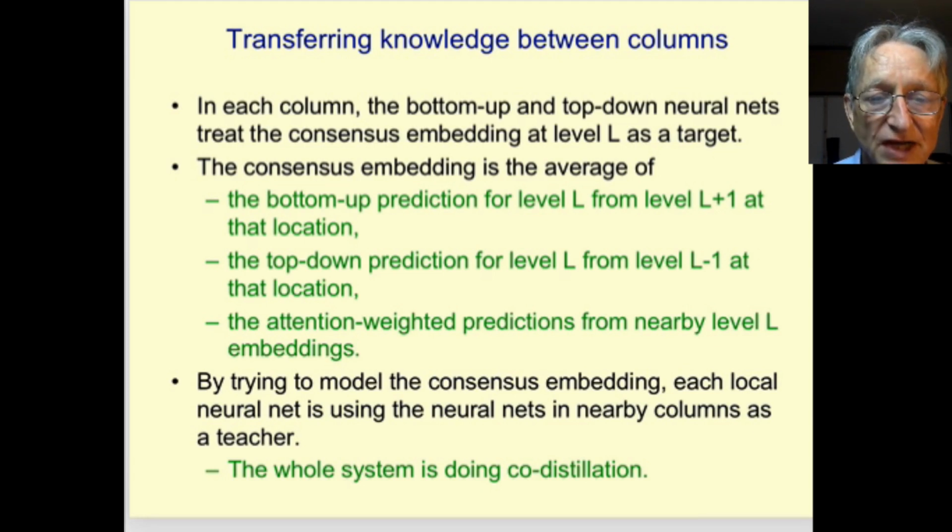And that training signal is what allows knowledge to be transferred from one column to another. So I think the whole system is doing co-distillation between lots of local models. That's what's happening in these retinotopic maps. And that's why they're not nearly as statistically inefficient as you might think.